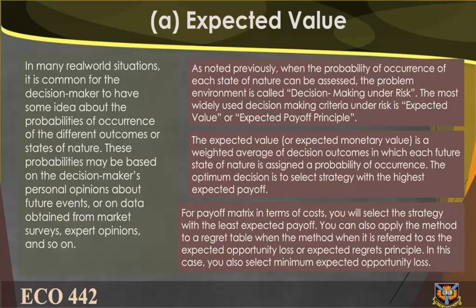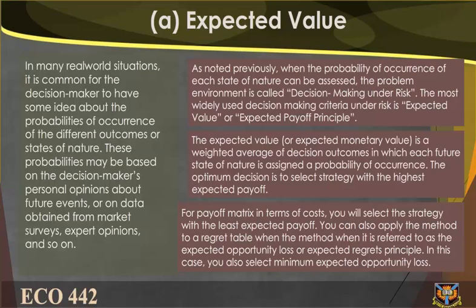A. Expected value. In many real-world situations, it is common for the decision maker to have some idea about the probabilities of occurrence of the different outcomes or states of nature. These probabilities may be based on the decision maker's personal opinions about future events or on data obtained from markets, surveys, expert opinions, and so on.